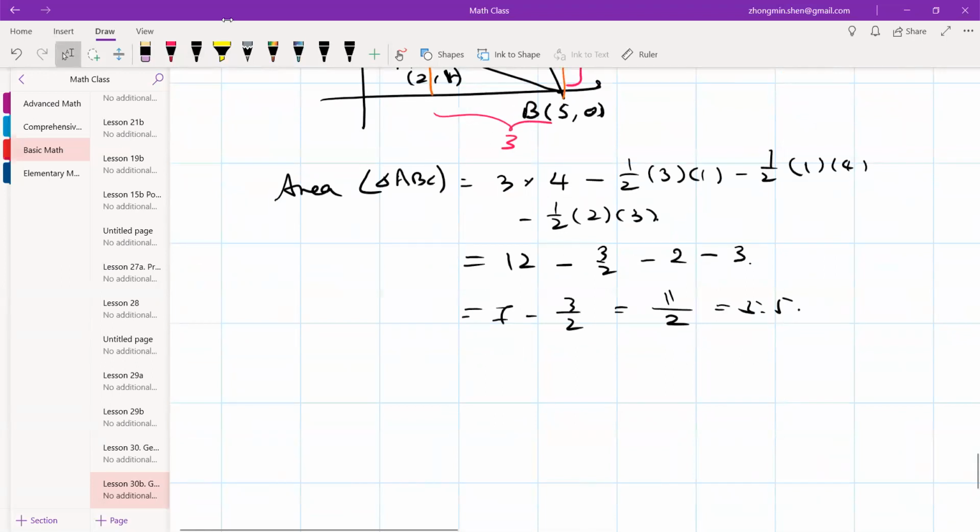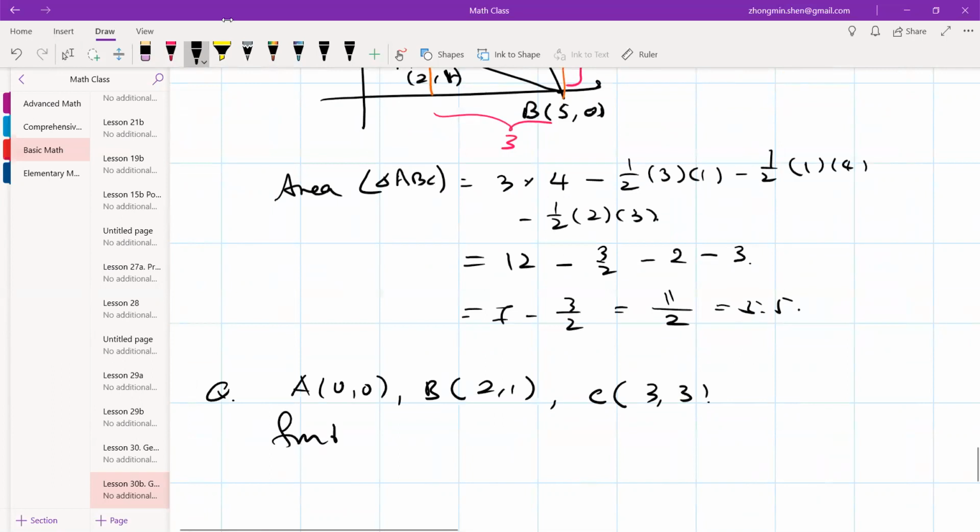Okay, so let's do one more problem. Given the 3 points, A is (0, 0), B is (2, 1), C is (3, 3). Find the area of this triangle ABC.